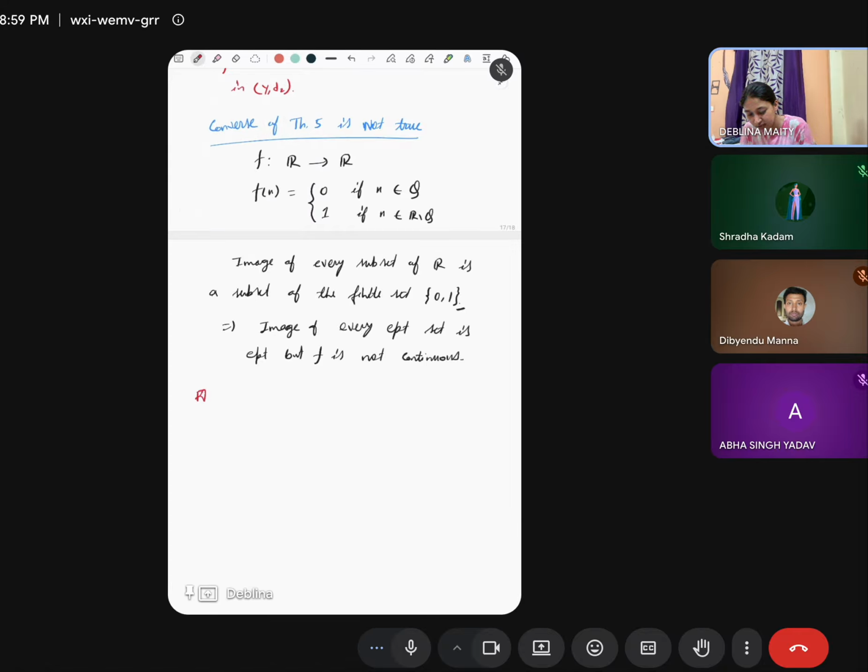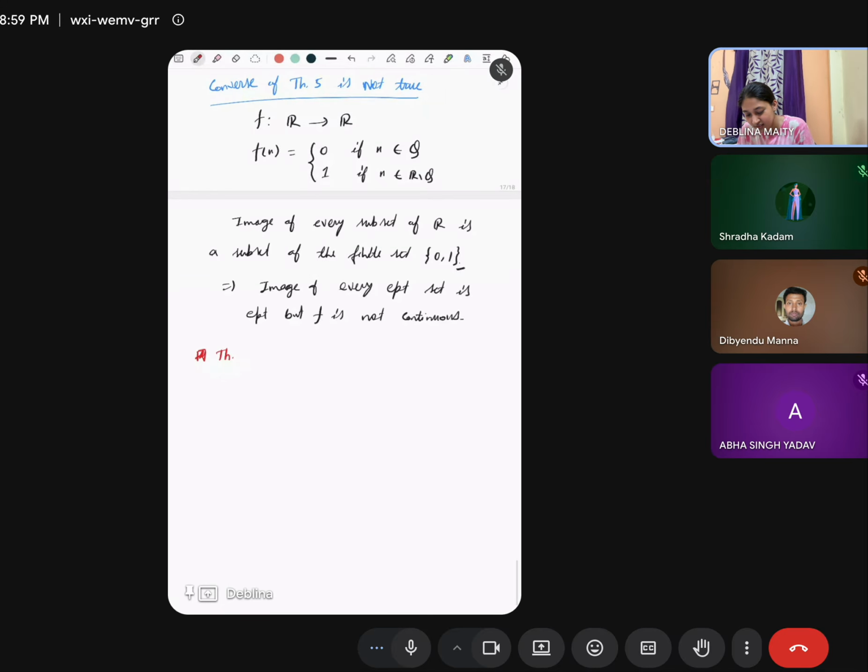So this is also a theorem which you have to prove. If you have any doubt, then tell me, I can prove this in the next session. So this says any continuous function on a compact metric space (X, d1) to a metric space (Y, d2) is actually uniformly continuous.